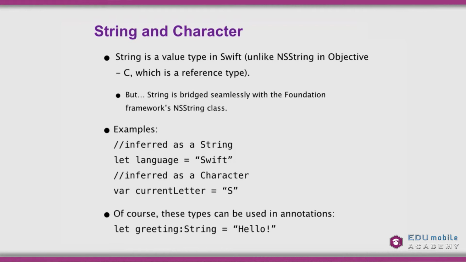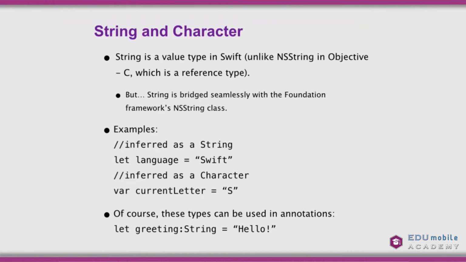So here's the idea also is that string in Swift is bridged seamlessly with Objective-C's NSString class. So we can transpose strings and NSStrings interchangeably. So here's an example. Language equals Swift is inferred to be a string.